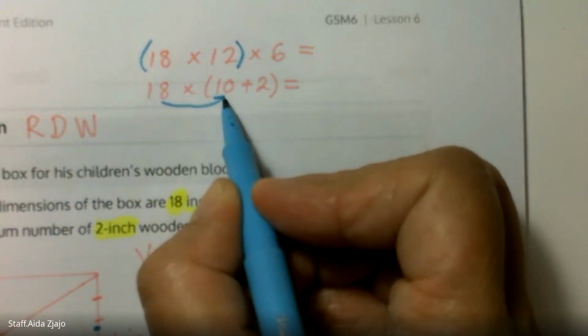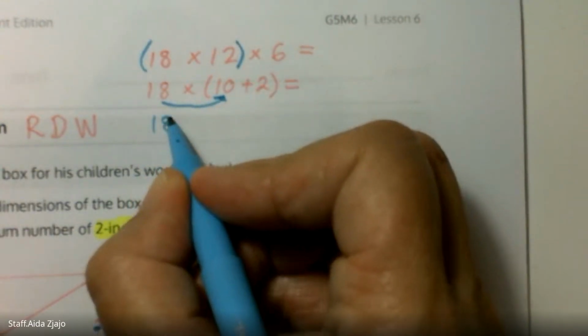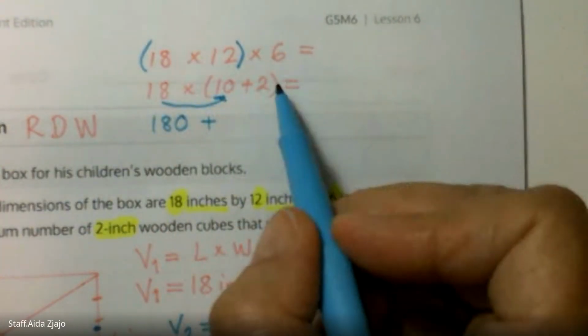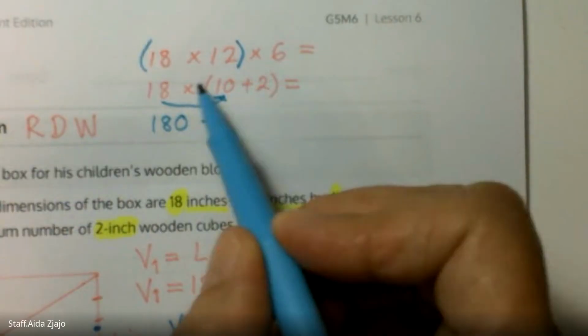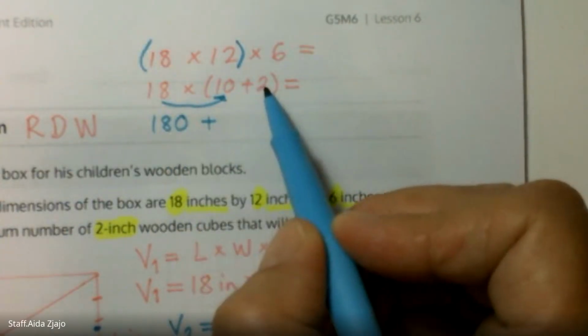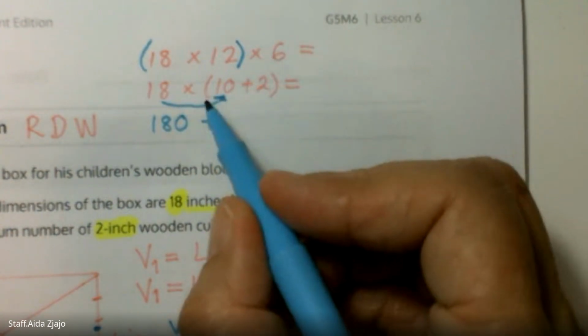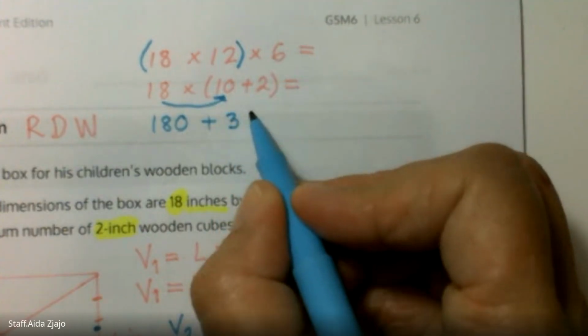18 times 10 would be 180. And 18 times 2, you can also think in your head. 2 times 10 is 20, 2 times 8 is 16, and 20 and 16 makes 36.